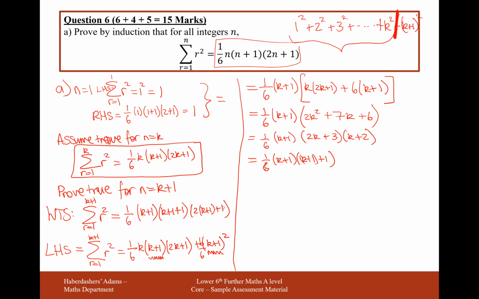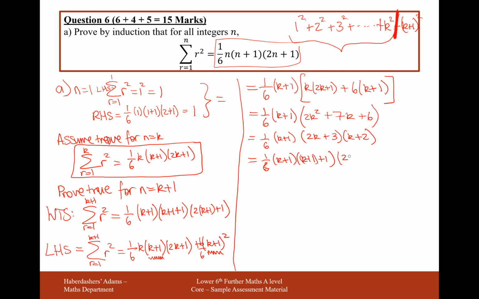And the next part here, which is 2 lots of k plus 1 plus 1, is exactly what I have here when I've got a 2k plus 3. So that's all nice and lined up. And this is exactly what I have on the right hand side of my WTS. So I've gone through here, step by step through the algebra, such that I've proved what we want to show from the left hand side to the right hand side by doing some maths.